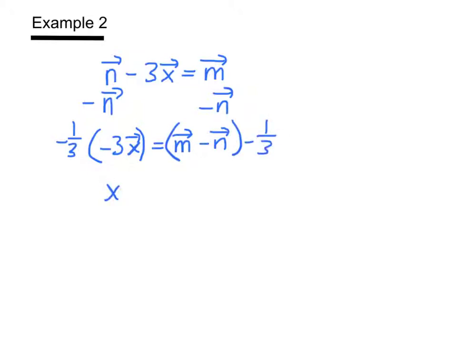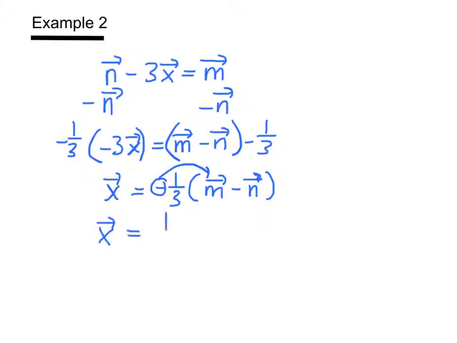And therefore, vector x is equal to -1/3 times vector m minus vector n. And to make this a positive scalar, I can distribute that -1, and this is how your book does it, so that we have a positive scalar here.